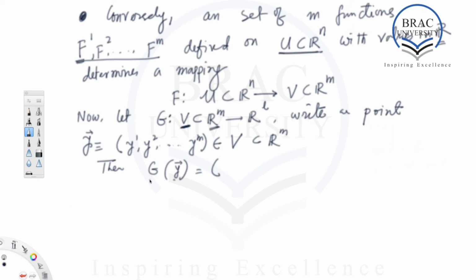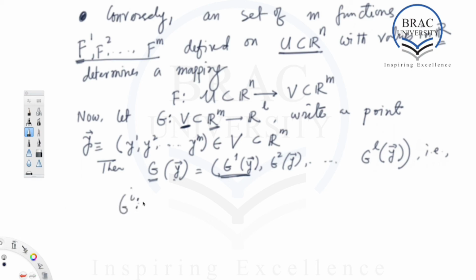So there will be l components of this function g. Let me write them: g1(y), g2(y), all the way up to gl(y) vector. Okay, so we see that each of these component functions gi are maps from V to R, so they are just real valued functions.